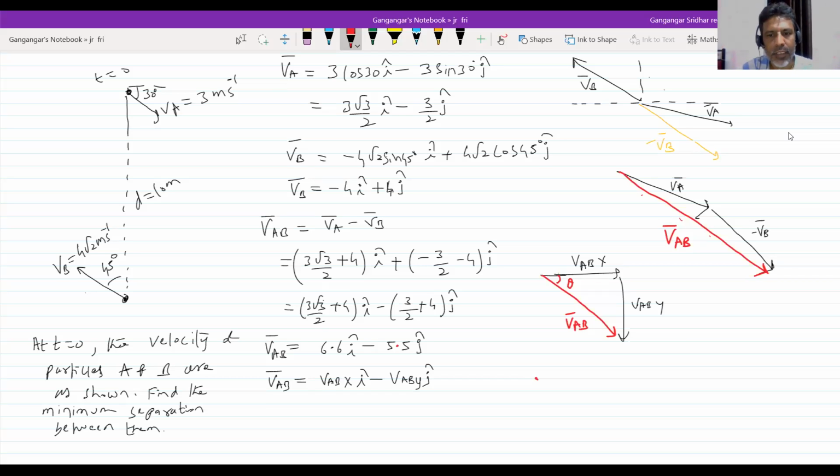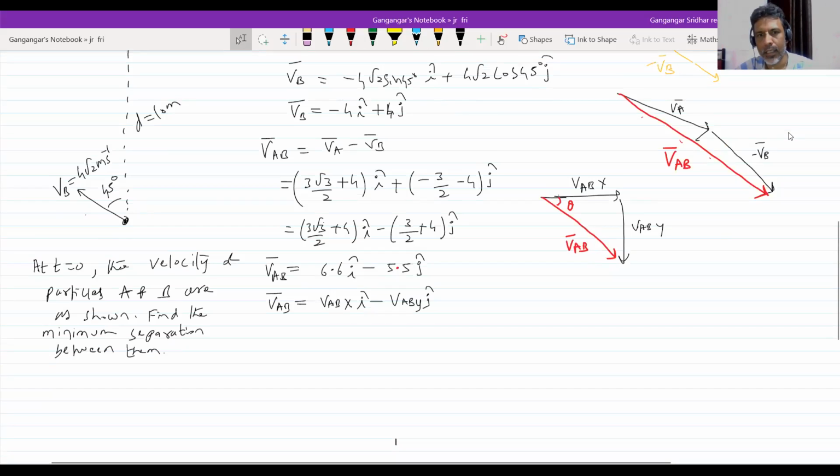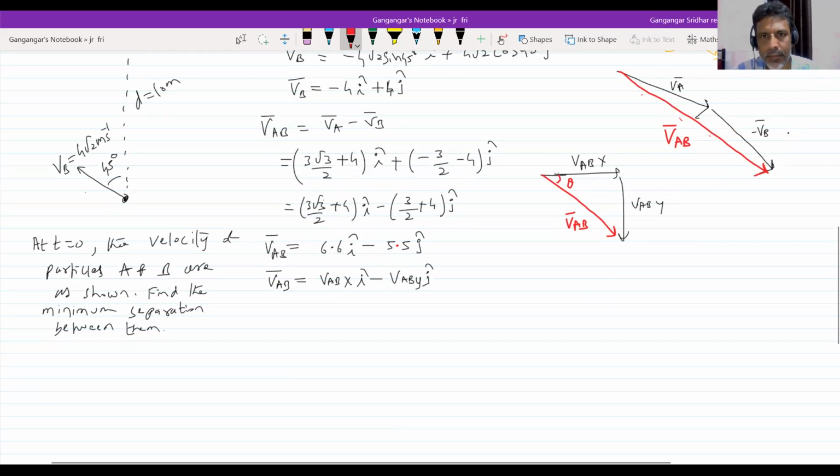Okay, now come for this. We have to draw a displacement triangle. So what is the displacement triangle? Here this is A, and B I'll keep fixed here. This is A1.